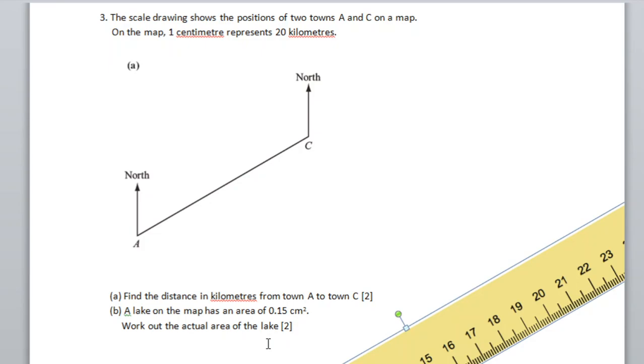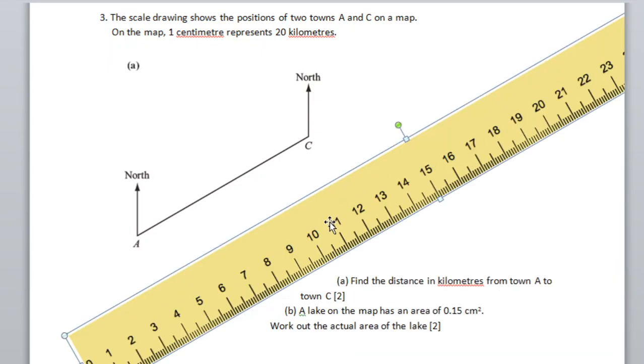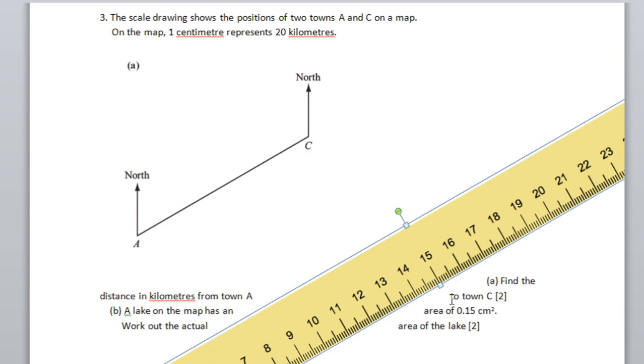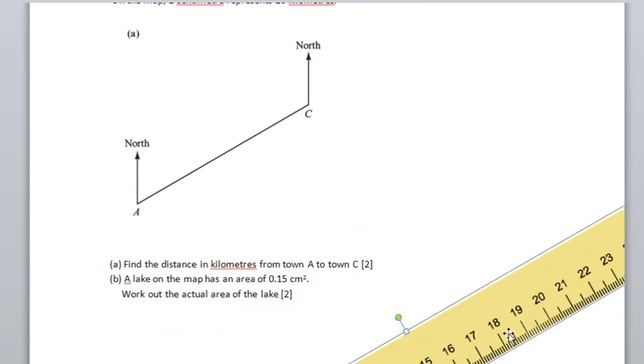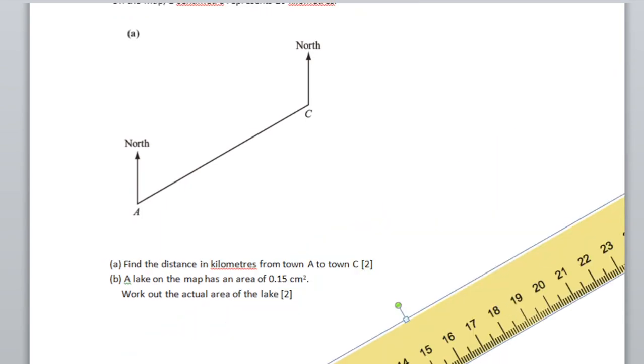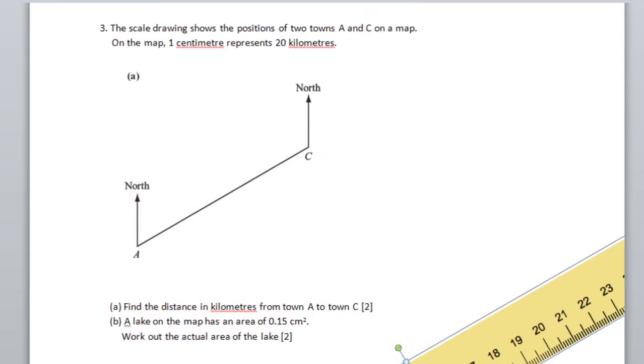Find the distance in kilometers from town A to C. For that, simply grab a ruler and measure the length. Let's assume you were already given this line AC in the worksheet. You'll grab the ruler and determine the length of the given line in centimeters. So that's 7.5 centimeters. It may vary a little.